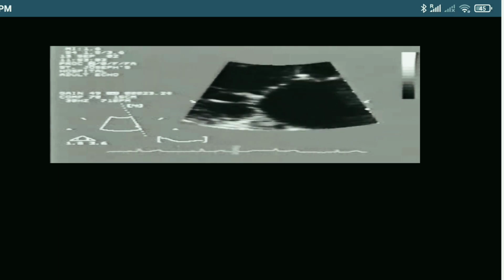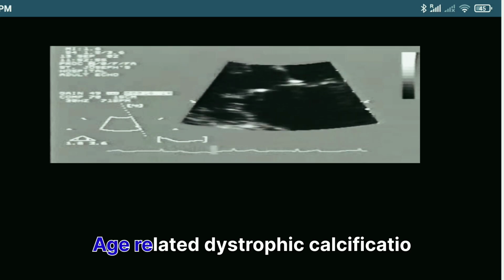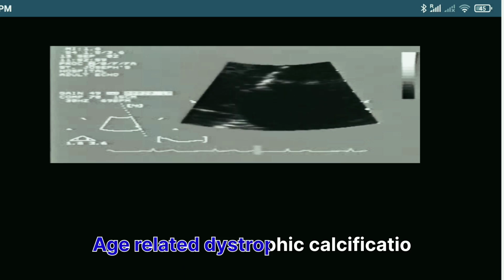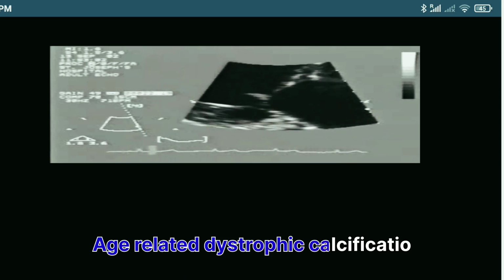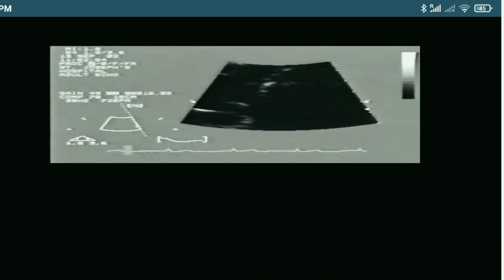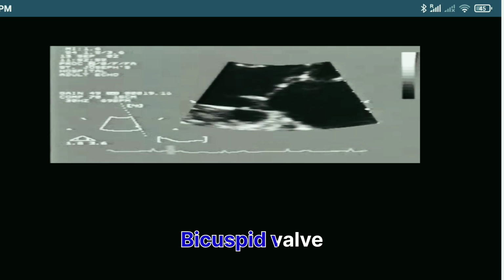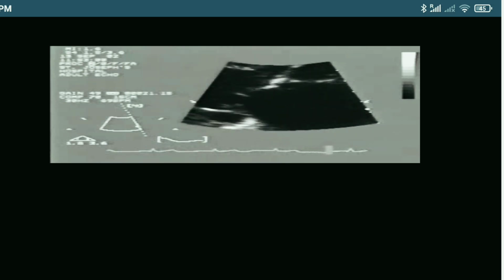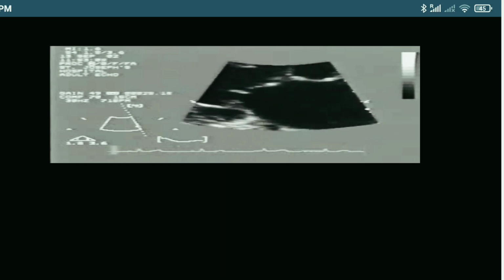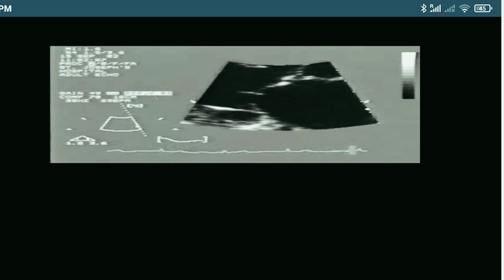Age-related conditions can also lead to dystrophic calcification of the mitral valve, which can also cause mitral stenosis. Some congenital conditions, where you can find a bicuspid valve, can also lead to calcification and damaging of the valve that can lead to mitral stenosis.